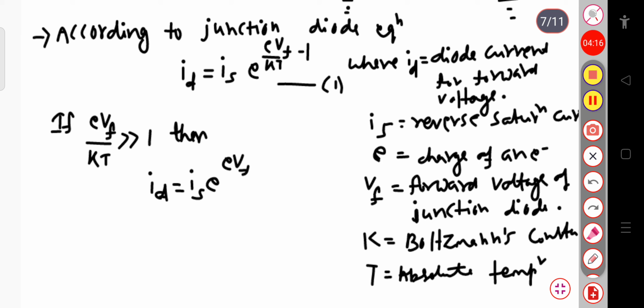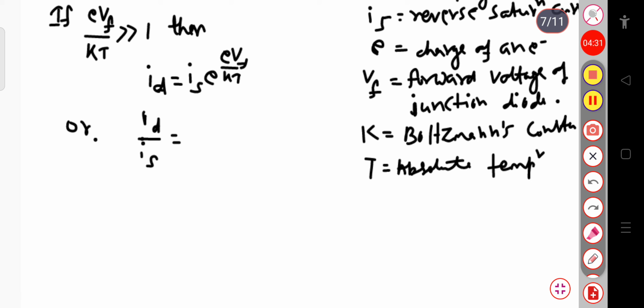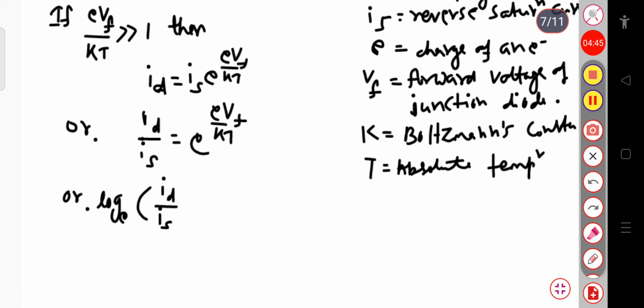Let me write first ID divided by Is; then this will be equal to exponential EVF divided by KT. Now let us take the logarithm of both sides, that is log base e of ID divided by Is equal to log base e of exponential EVF by KT.